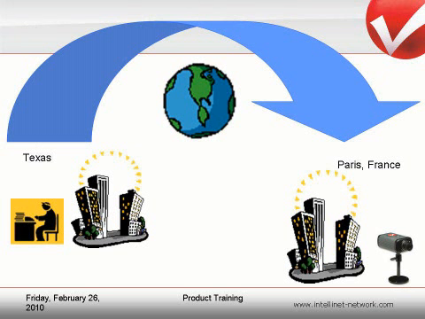For this training purpose, we will simulate configuring port forwarding for a local IP camera in Paris, France, and making that camera available across the World Wide Web to users in Texas. This will be made possible by configuring port forwarding in virtual server using an Intellinet router.